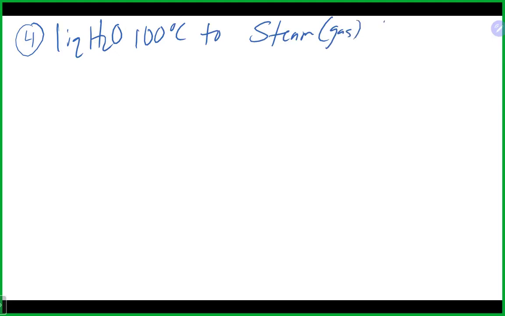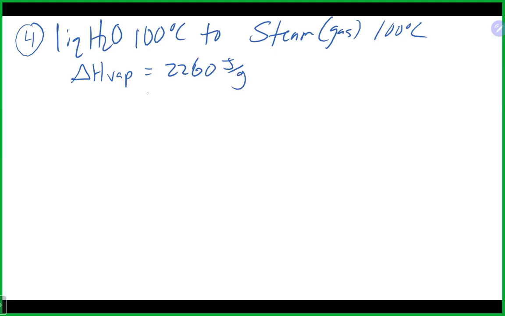Take it from liquid water at 100 degrees Celsius to steam, which is basically gas at 100 degrees Celsius. That is going to be our delta H of vaporization. I am going to use again the joule version of that number so that I have joules.